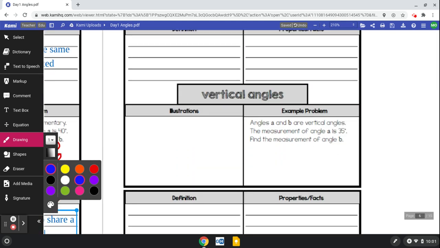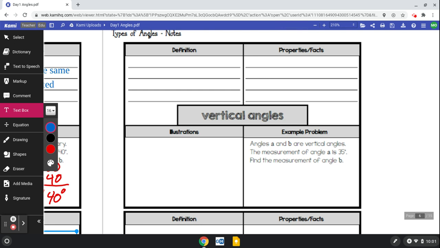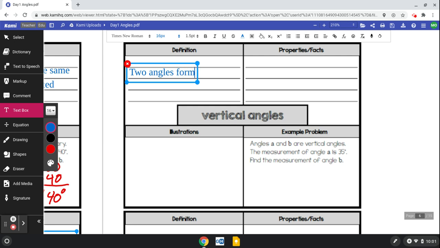All right, vertical angles. Now this is talking about placement instead of just measurement, but it's tied into measurement too. Okay, so vertical angles are two angles formed when two lines intersect that are opposite of each other.